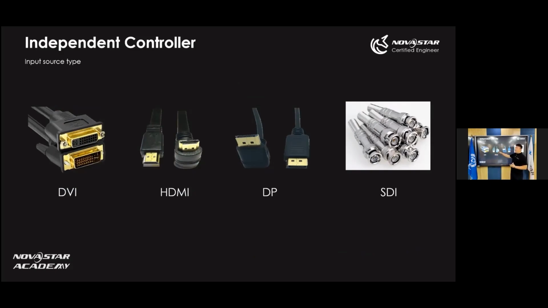But on the M-Control 600 or 660, we also add the HDMI interface on that module. And we also have some DP and SDI on M-Control 4K and M-Control R5. So this is the product evolution line. The input sources become more. From the single link device, we have more video source inputs supported.